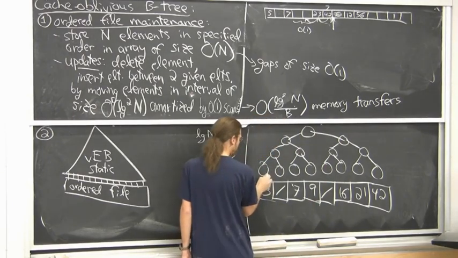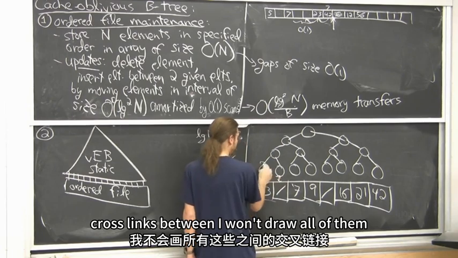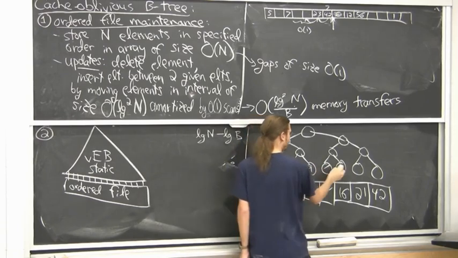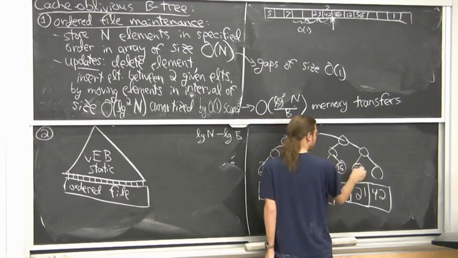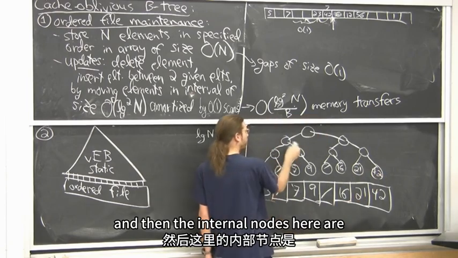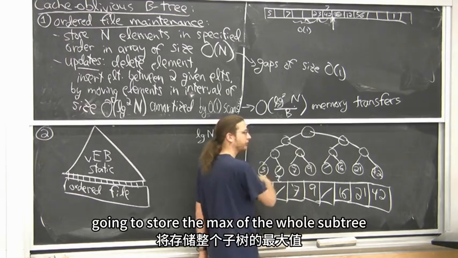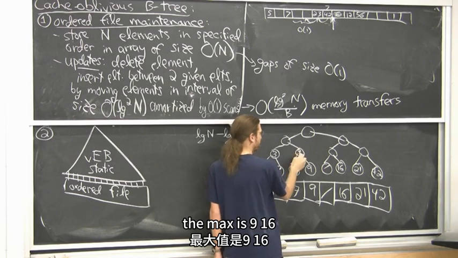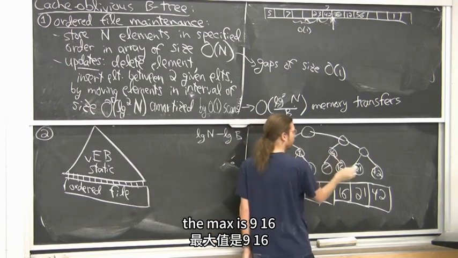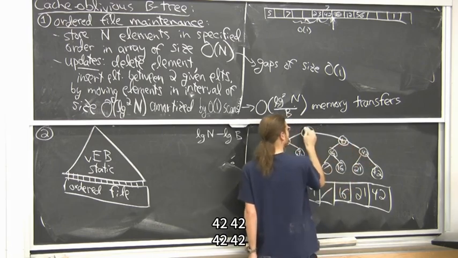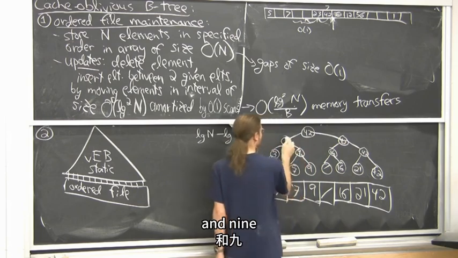Okay, cross links between, I won't draw all of them. Then we store all the data up here as well. And then the internal nodes here are going to store the max of the whole subtree. So here the max is 3, here the max is 9, 16, 42, 42, 42, and 9.